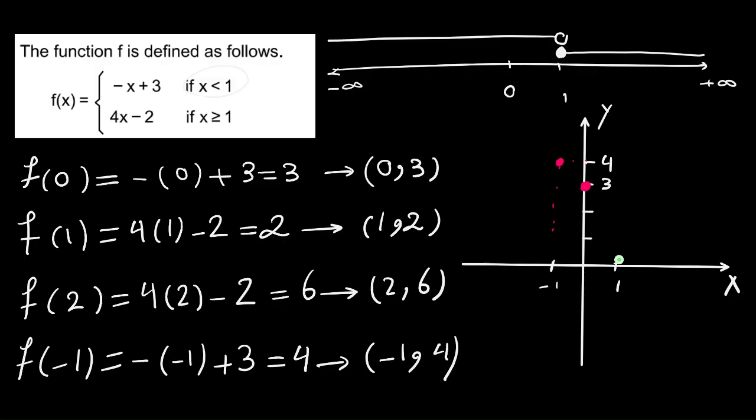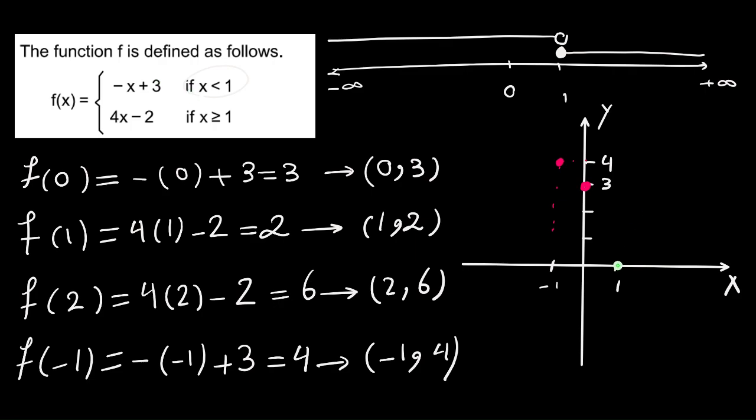It means there is a hole here. So what is the value if I plug 1 here? I'm not able to plug 1 here actually, but let's suppose that I plug 1. If 1 was acceptable, the answer for the y value was negative 1 plus 3, it was 2.